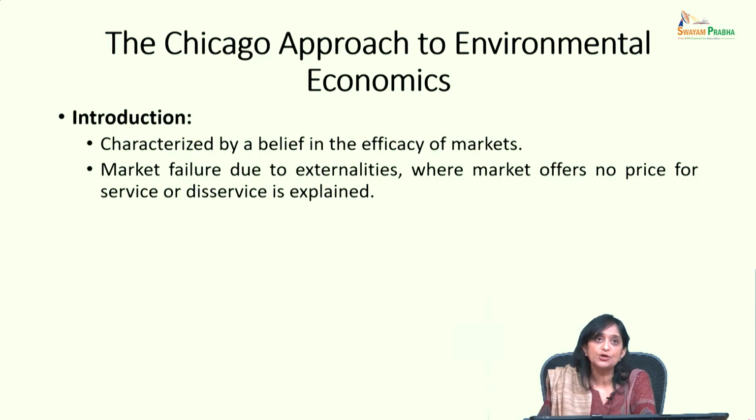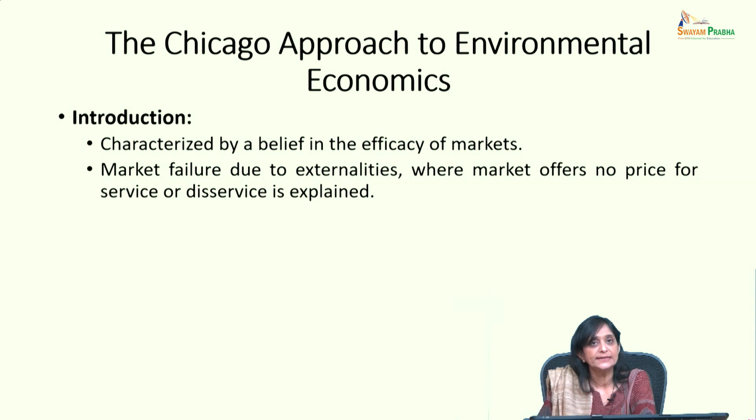The next approach we will be discussing is the Chicago approach to environmental economics. This approach is characterized with the belief of efficacy of the market system. That is, markets fail means the invisible hand principle, which is there for fair allocation of resources, fails to do that because of externalities.